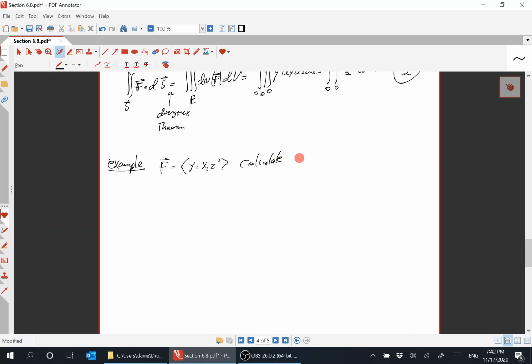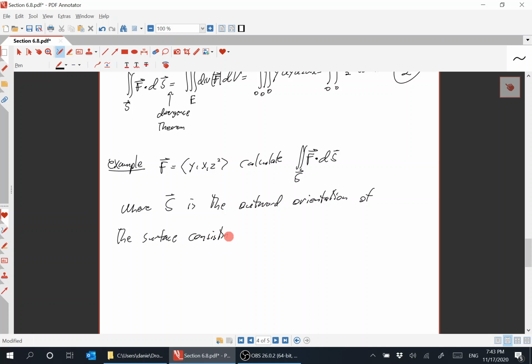Calculate the integral of F dot dS, where S is the outward orientation of the surface consisting of the paraboloid z equals 4 minus x squared minus y squared and the disk of radius 2 in the xy plane.